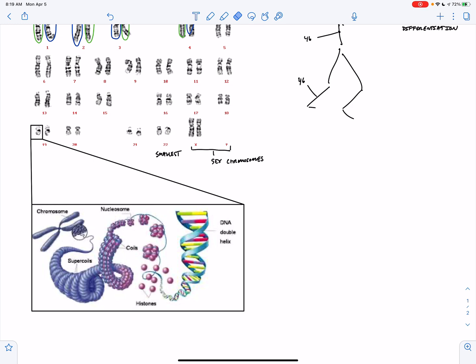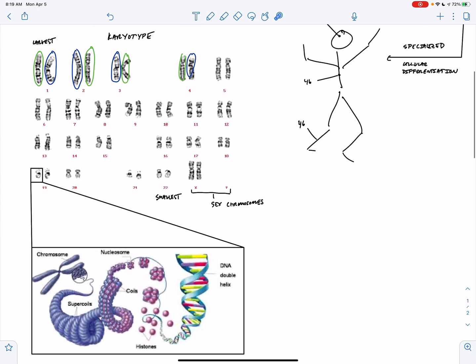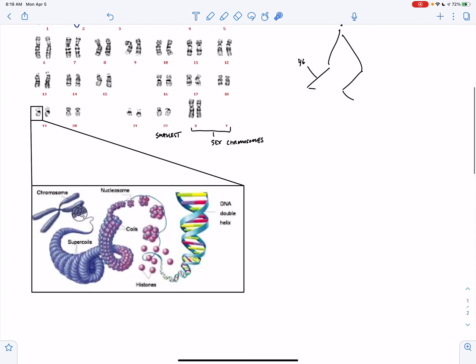Okay, what else do I want to talk about? A chromosome, as we mentioned briefly in class when we did the strawberry DNA extraction, is a combination of genetic information in the form of DNA as well as protein. But the protein serves a structural purpose rather than a genetic heritable purpose.